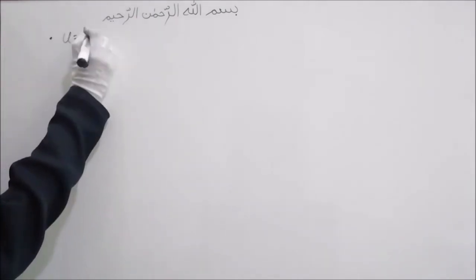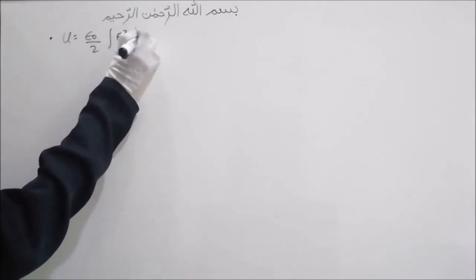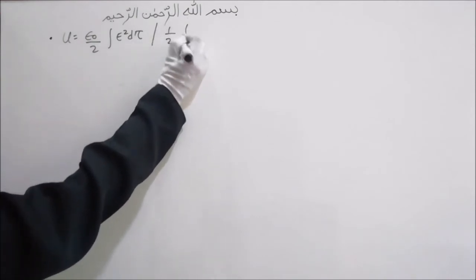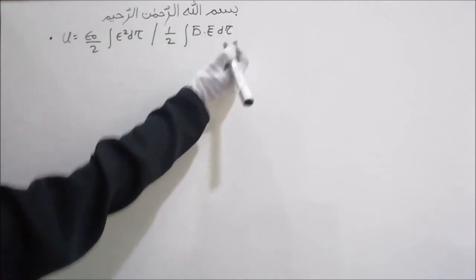In electrostatics, we have seen the potential energy of a system was U equal to epsilon naught by 2 integration over all space E squared d tau, and if we had a dielectric material, then it became 1 by 2 integration D bar dot E bar d tau, right?